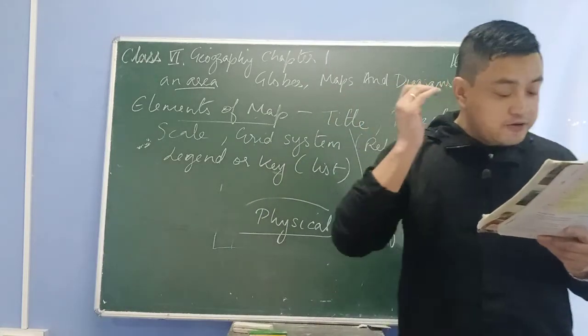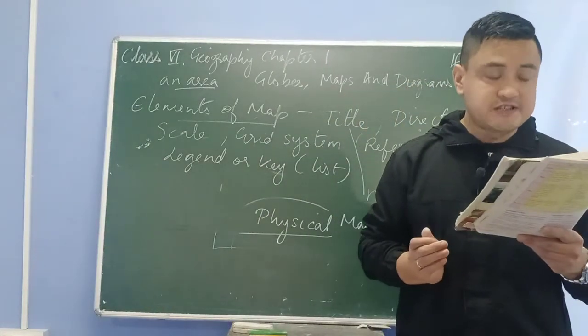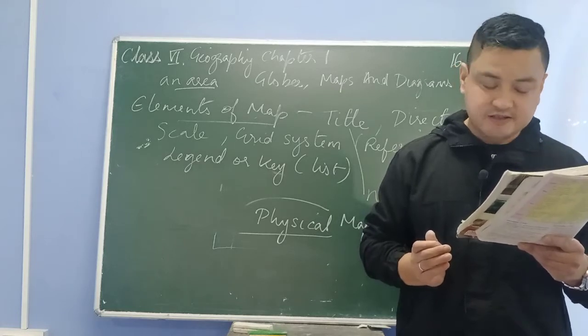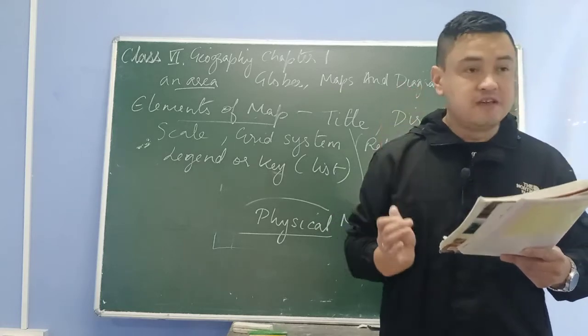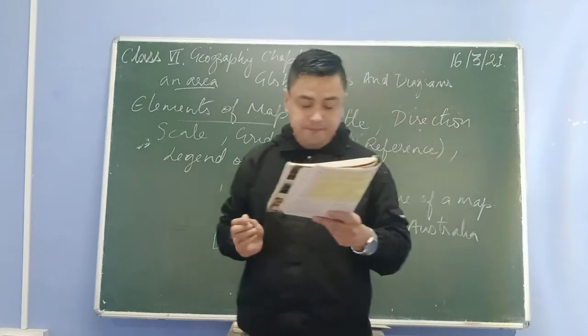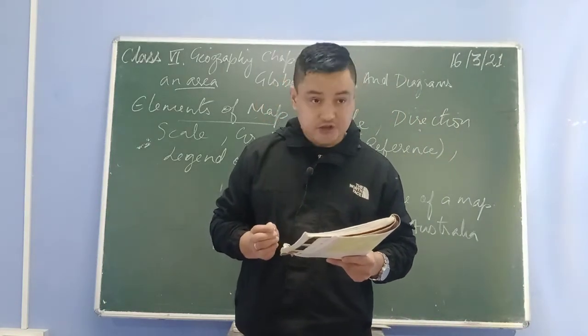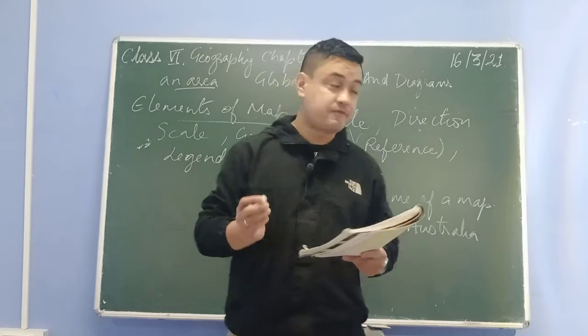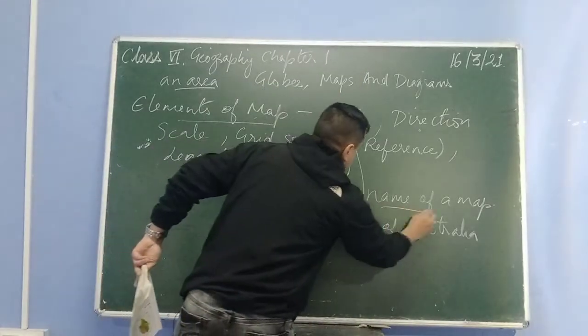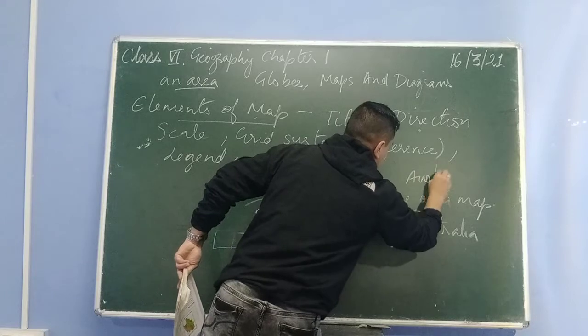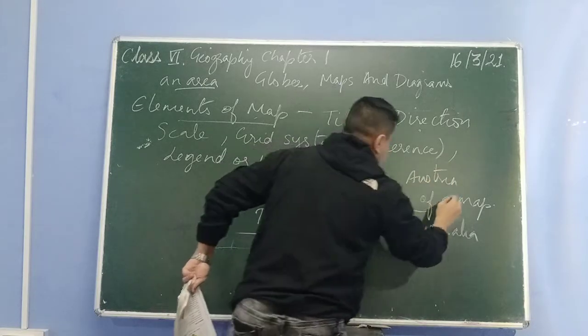Now, we are going to the second line, the secondary title. Can you underline that secondary title? The secondary title means the subtitle. Let's take for example, the name of the map is Australia.